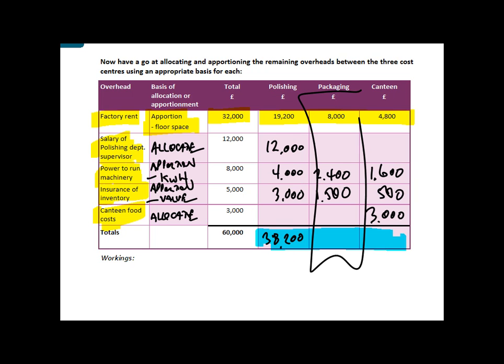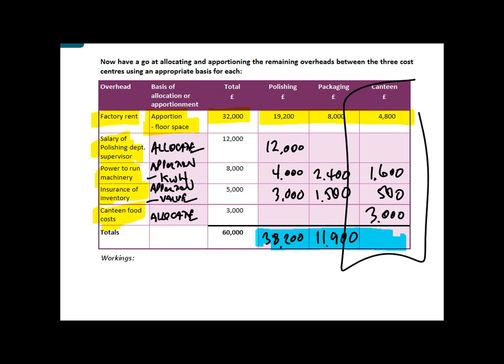I've then got the packaging department, so 8,000 plus 2,400 plus 1,500 is £11,900 going to packaging. And then the canteen, I've got 4,800 apportionment of rent, plus 1,600 of power cost, plus 500 for their share of the insurance cost, plus the £3,000 of allocated canteen food costs, gives £9,900 in total.